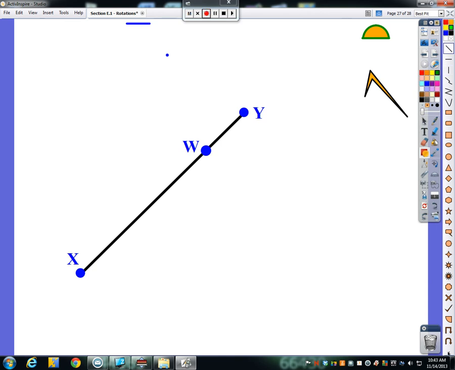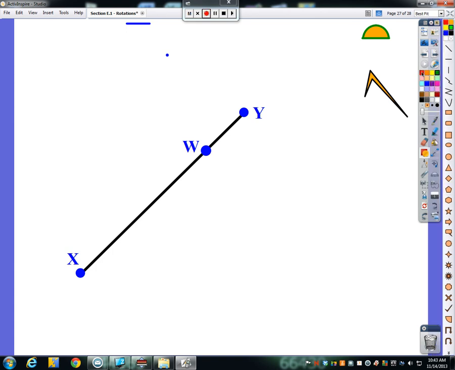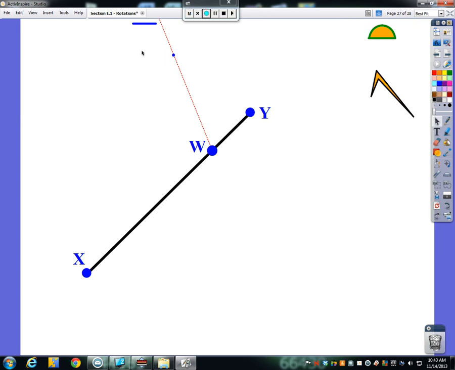Now, I'm going to use a dashed line this time. So now, from W to that line, so we know Y prime is going to be somewhere on that ray. Throw that up there. Now here's where we need our compass.